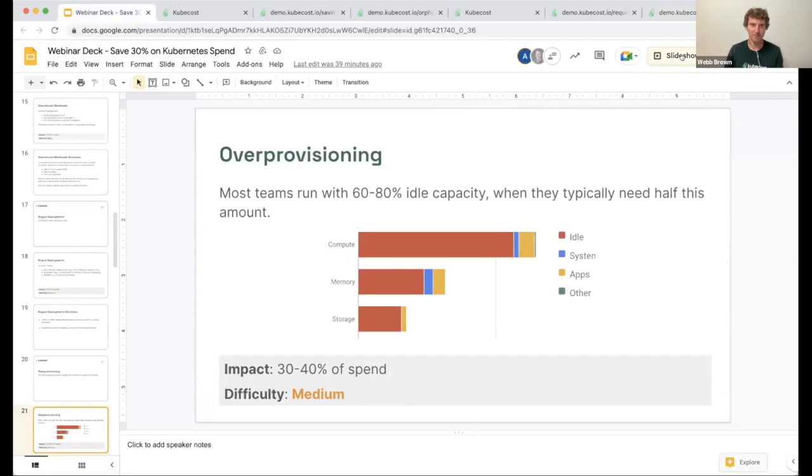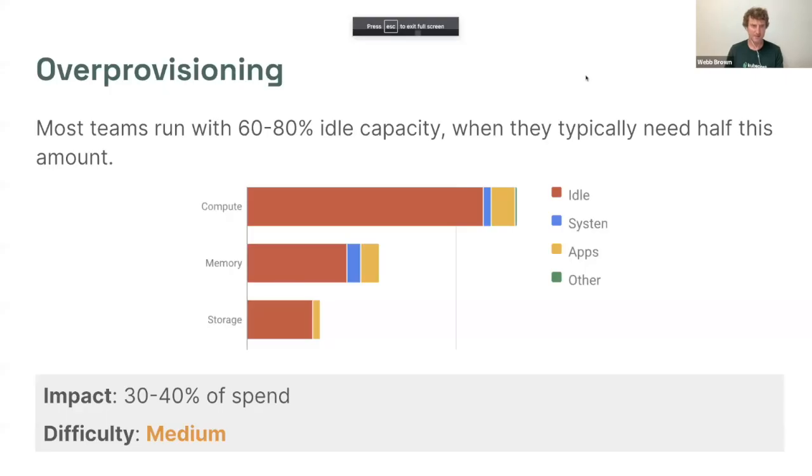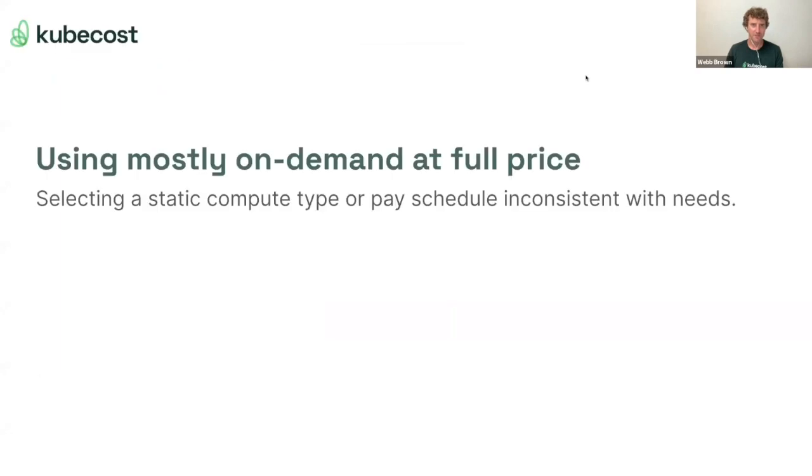All right, let's jump back to our slides. So jumping to our last anti-pattern or optimization opportunity is this notion of teams using mostly on-demand instances at full price.